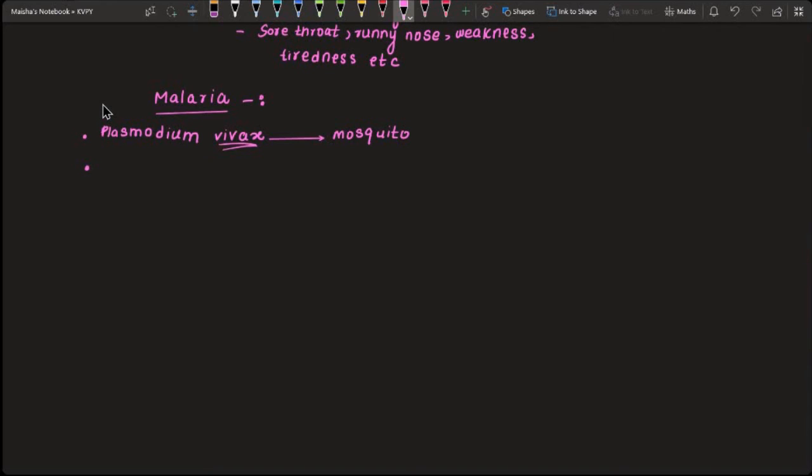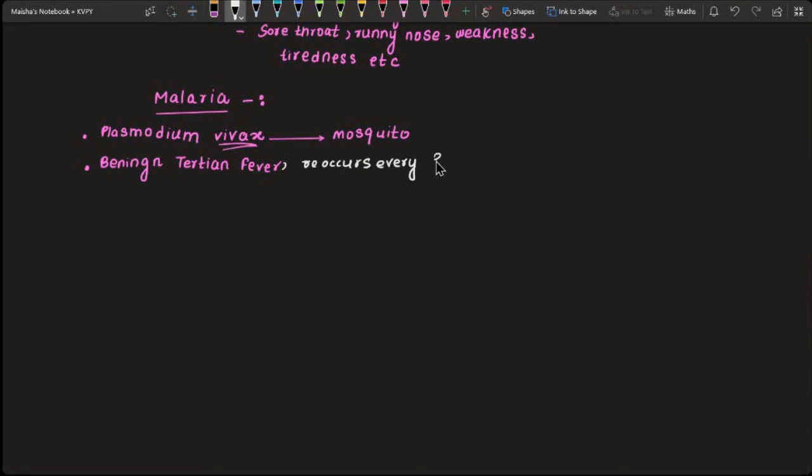When Plasmodium vivax enters the body, it will rapidly multiply. And because of this multiplication taking place inside the body, we observe symptoms, the first being tertian fever. This is an important feature of malaria.